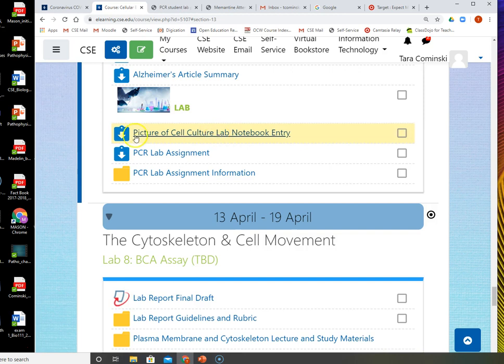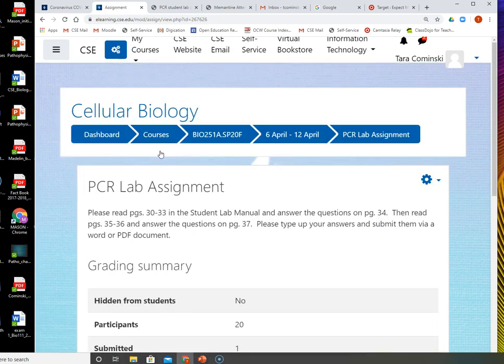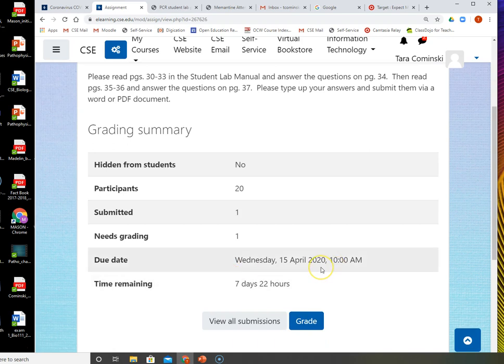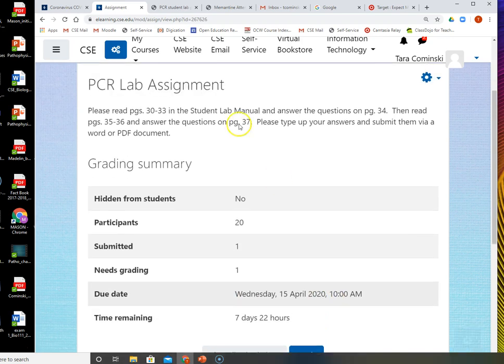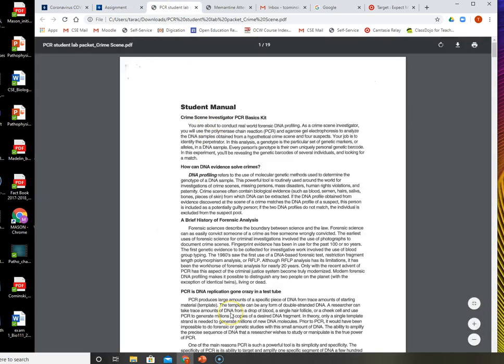The other thing is this PCR lab assignment, okay? So we haven't talked about that. As I said, the other thing that is due next week is this PCR lab assignment. And that is due Wednesday, okay? Just so that we can talk about it on Wednesday if necessary. And so there, I'll show you, there's this PCR student lab manual, okay?